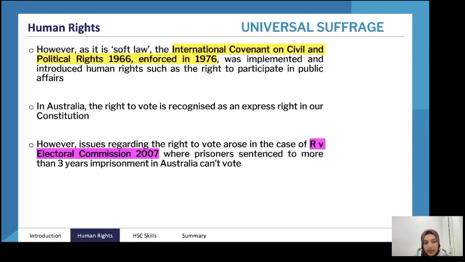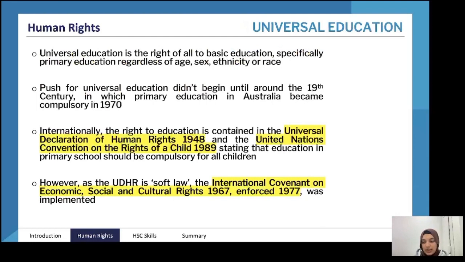However, issues regarding the right to vote arose from the case of the R v Electoral Commission 2007, where prisoners sentenced to more than 3 years imprisonment in Australia can't vote. So there are still issues to be addressed in terms of little areas and aspects that still need to be considered. Next up, we've got universal education.